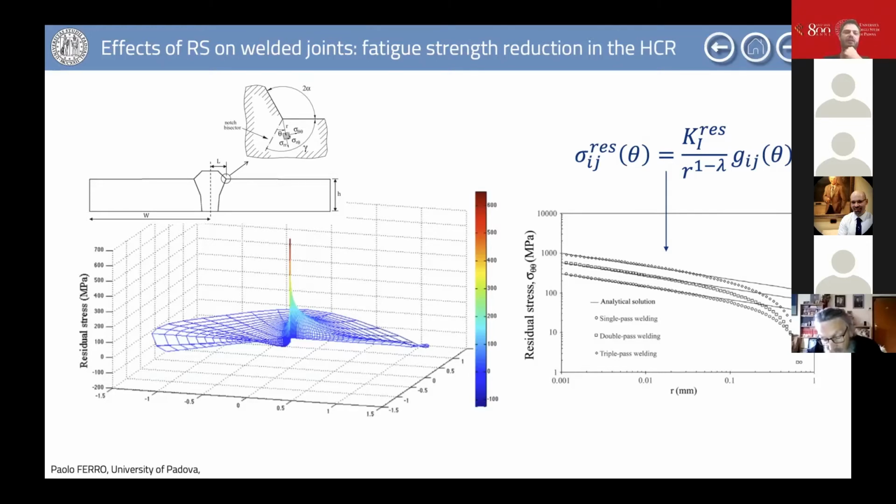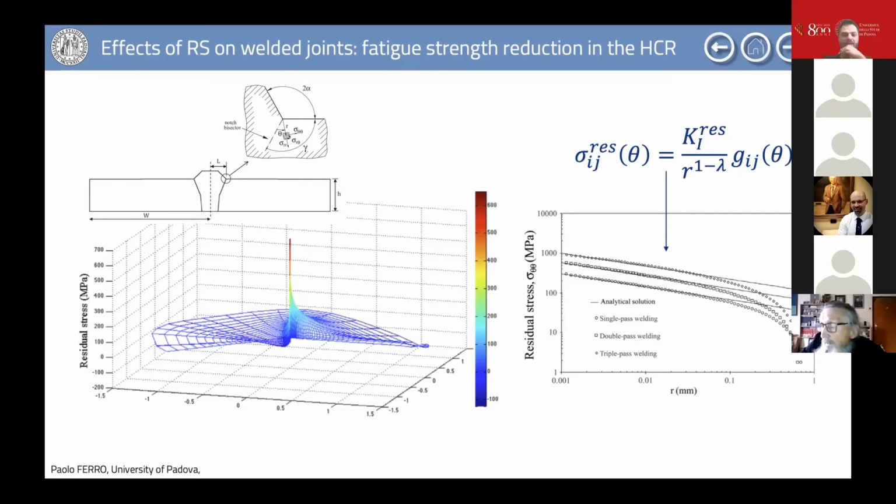So the residual stresses also have this behavior. They are characterized by this kind of field, which is an asymptotic or singular stress field, that can be represented by the well-known equation by Williams, and which in a log-log plot can be represented by a straight line with a slope given by the degree of the singularity, here defined by this exponent, 1 minus lambda, where lambda is the eigenvalue of the solution by Williams.